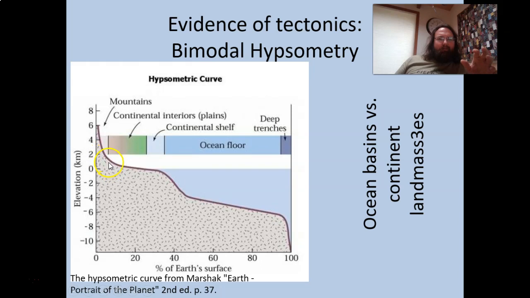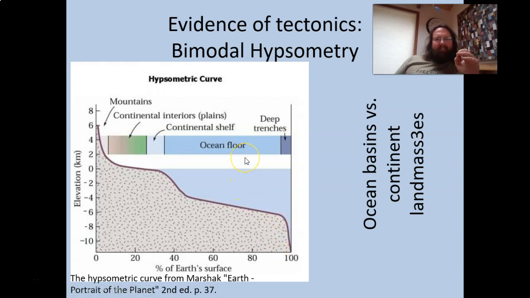Then you'd have this broad region of Earth between about 1.5 kilometers above sea level and just a little bit below sea level. And then you'd have a very limited region of intermediate depth. And then you'd have a vast area of the ocean floor that was between about 4 and 6 kilometers deep, and then a much smaller area of the deepest floor.